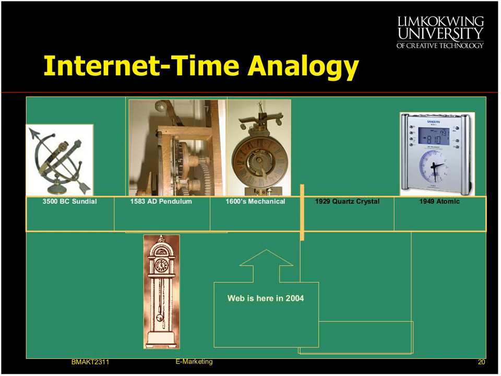This is one of the initial calendars, and then we have 1583 AD, and then the 1600s, when mechanical tools came into the picture. We have 1949, when automatic ones came for the first time. This ship that you can see, and you see web is here in 2004.